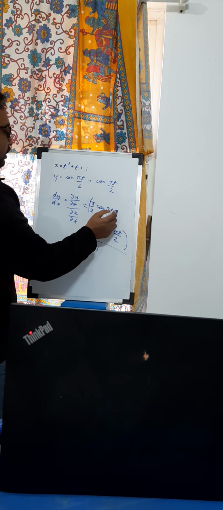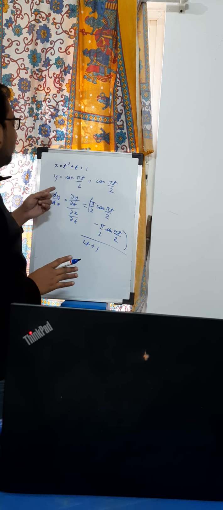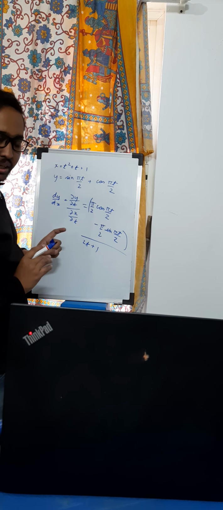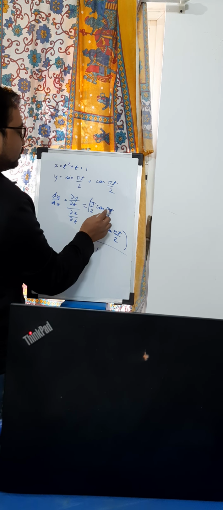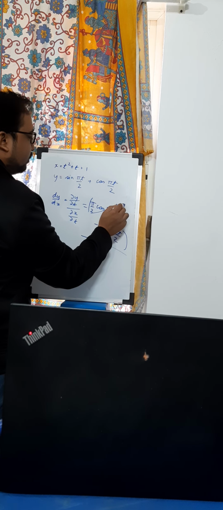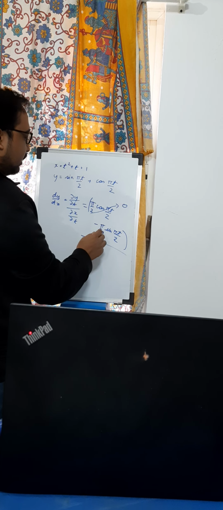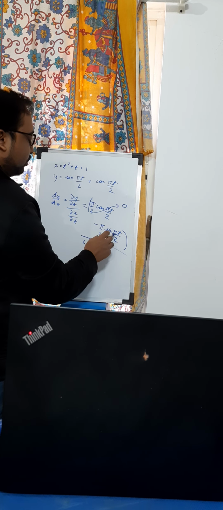So we have written it this way, and then we substitute t is equal to 1, because they have asked us to find the value of dy by dx at t equal to 1. When we substitute t is equal to 1, the first term will basically be 0, and this will be pi by 2 minus pi by 2 into 1.